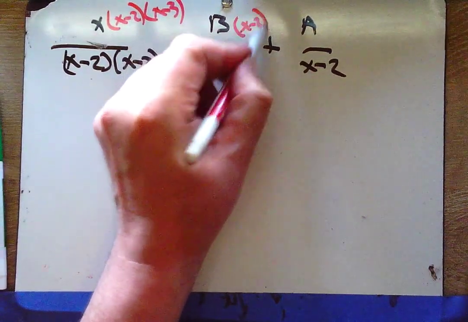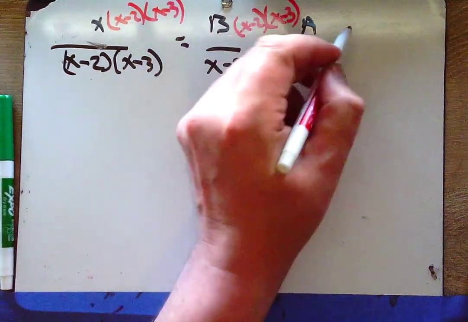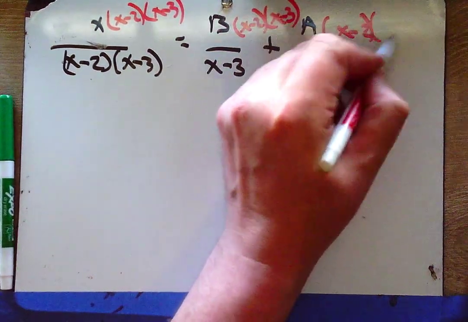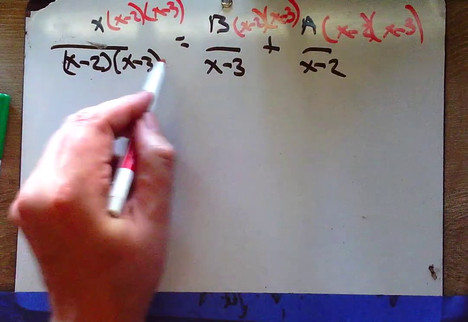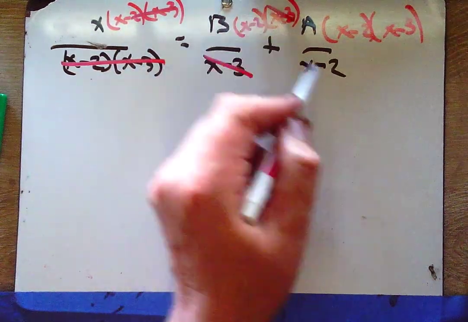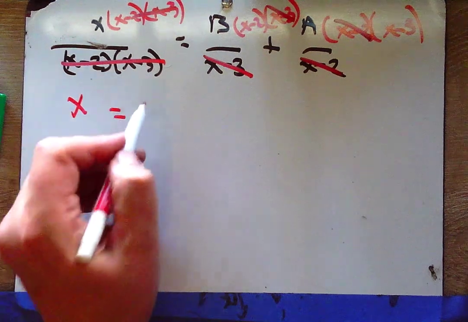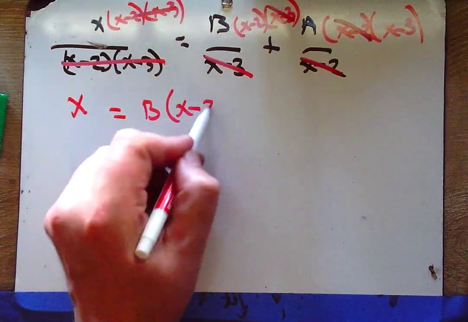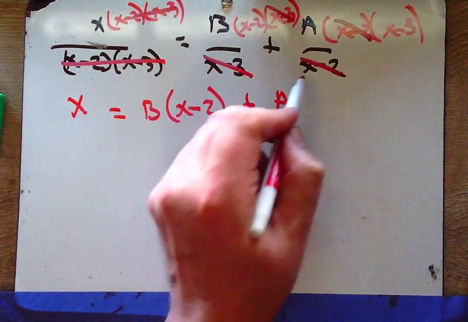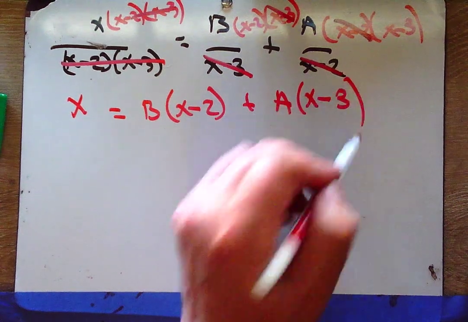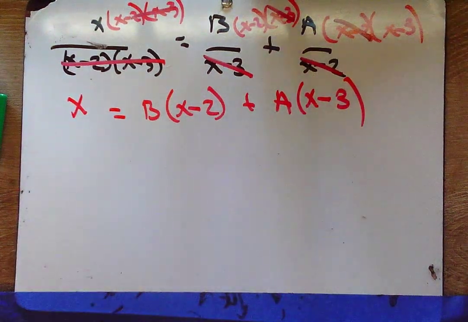And suddenly all my denominators disappear, and I'm left with x equals b times x minus 2, plus a times x minus 3. So everything's the same up to this point.